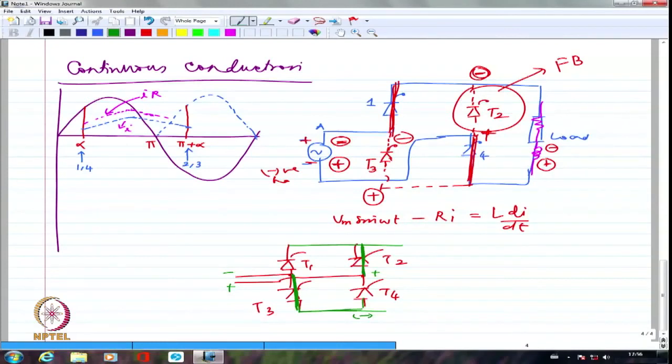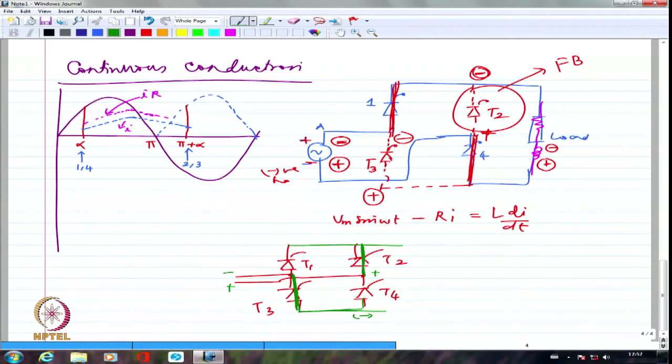or natural commutation. The other one we discussed earlier with the LC circuit and diode and so on, that we forced. We told the circuit that according to this design, you are going to have a reverse voltage at this point in time. Here we don't have a control, it is at 50 Hertz. So 10 millisecond it will be in positive half cycle, 10 millisecond it will be in negative half cycle. So I don't have any control over when it reverses.